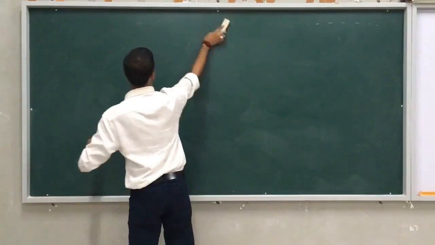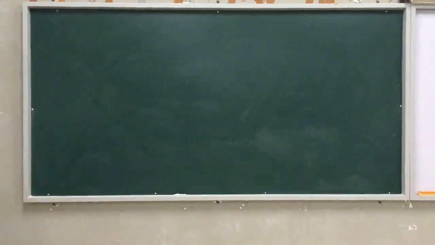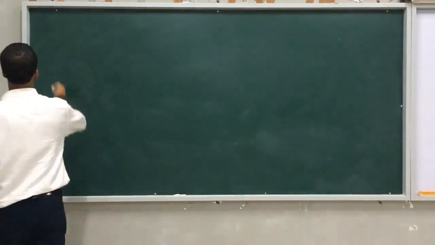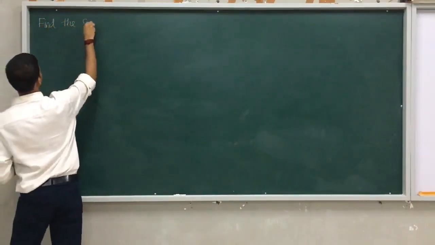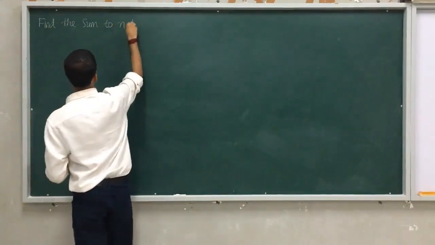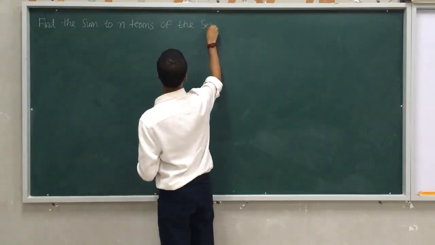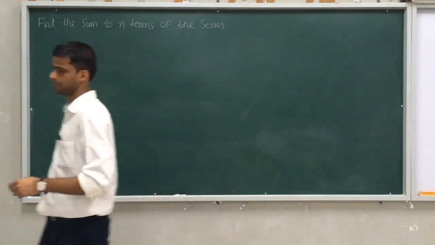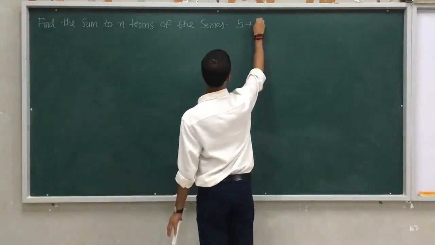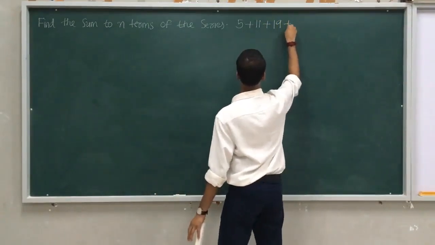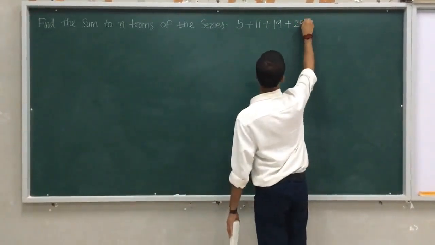Now we'll discuss a very interesting pattern. So what is the pattern here? Find the sum to n terms of the series 5 plus 11 plus 19 plus 29 plus 41.